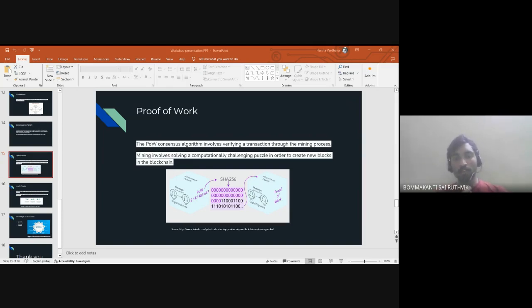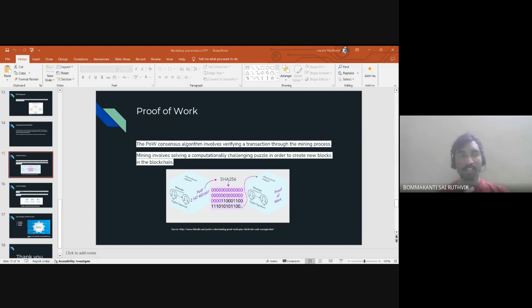Coming to proof of stake, it was introduced by the Ethereum blockchain, by Ethereum founder Vitalik Buterin. In proof of stake, the nodes will invest some stake, that is, some tokens.